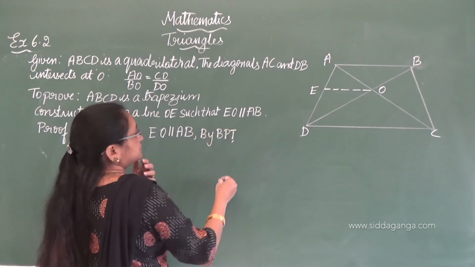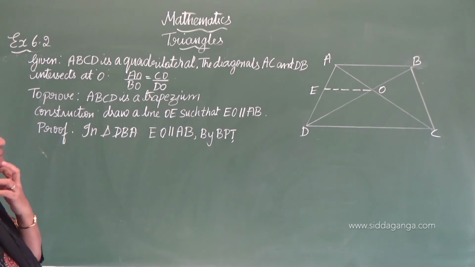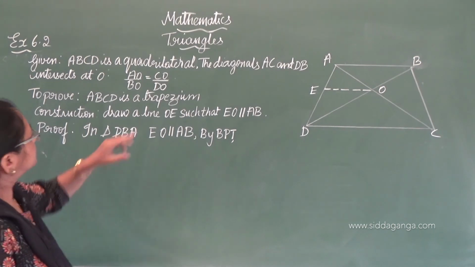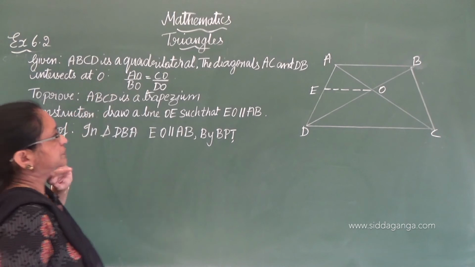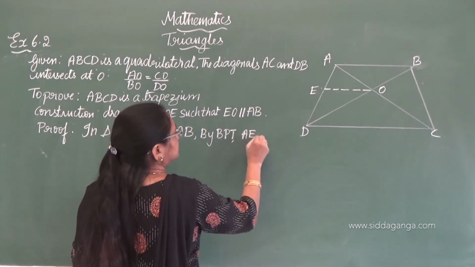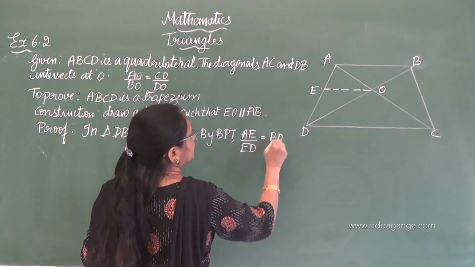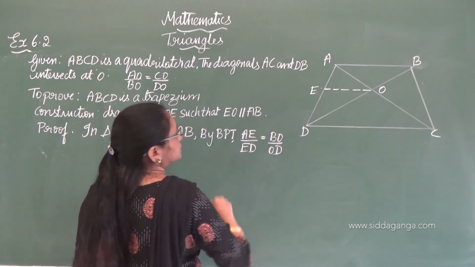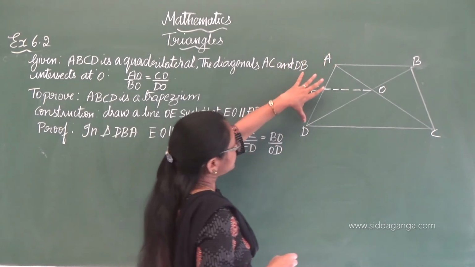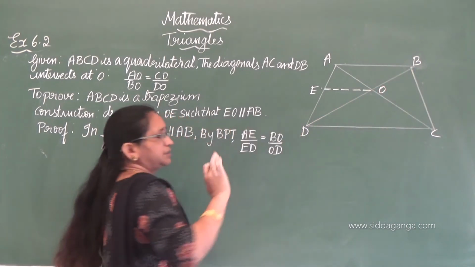By BPT, can we write AE by ED is equal to BO by OD. Okay. AE by ED is equal to BO by OD.